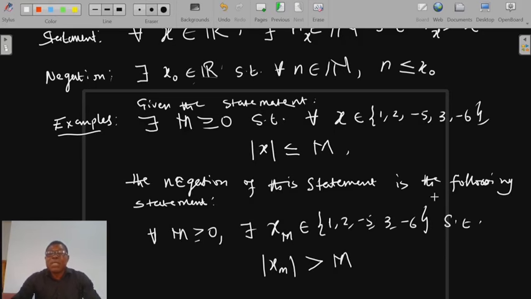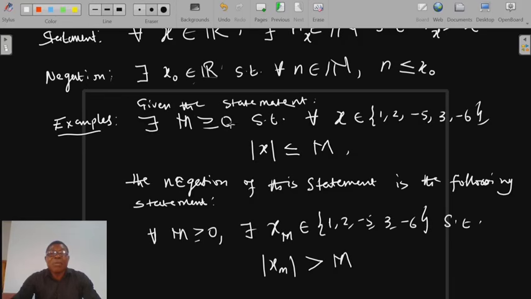The negation of this statement is for all m greater or equal to 0, there exists x_m in this set, so that this happens. Observe that there exists has been changed to for all, and this for all changed to there exists. Observe that we are now obeying rules.